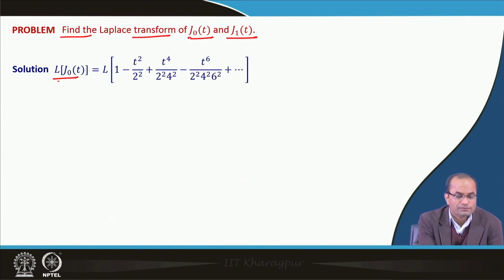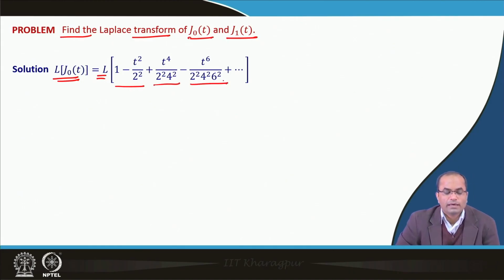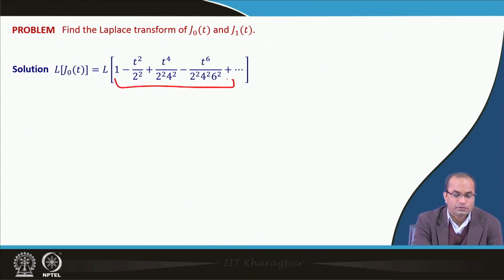So, the Laplace transform of J0(t): we have 1 minus t squared over 2 squared, then t^4 over 2 squared 4 squared, minus t^6 over 2 squared 4 squared 6 squared. That was the definition of J0(t).